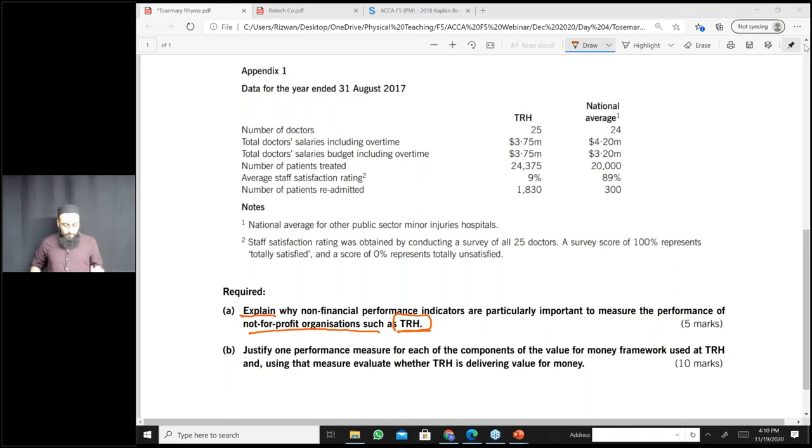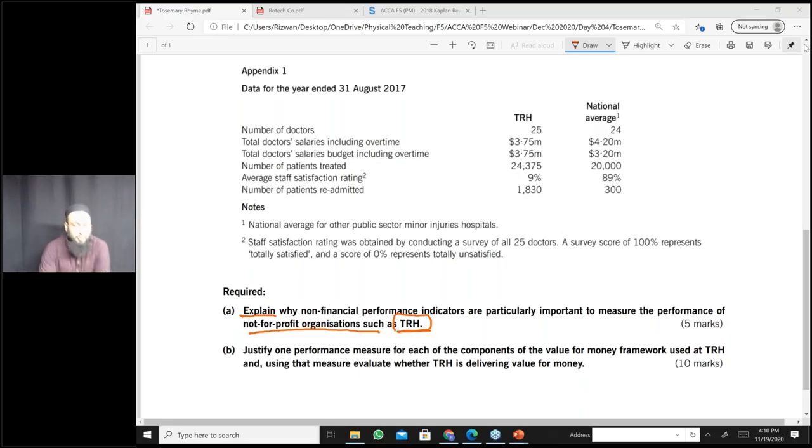The second one: justify one performance measure for each of the components of VFM used at TRH, and using that measure, evaluate whether TRH is delivering value for money, VFM, or not. Come on, quickly tell me, what do you think?